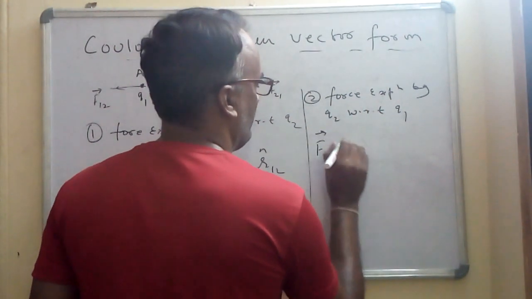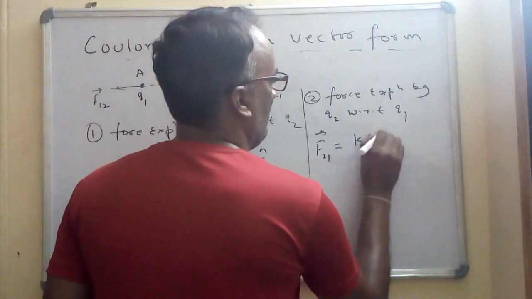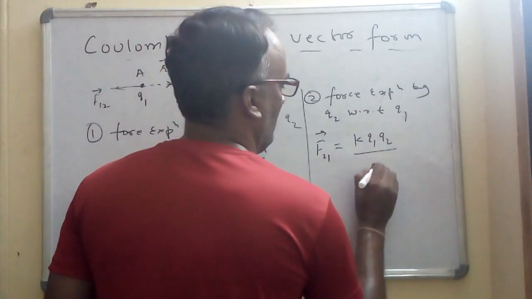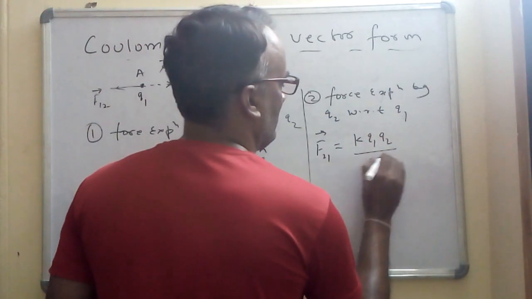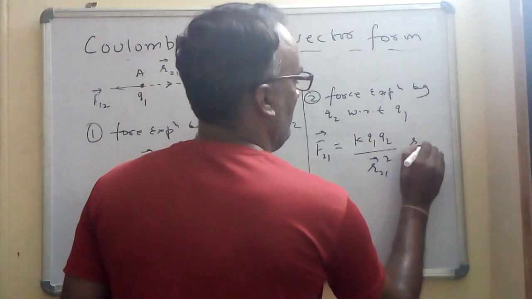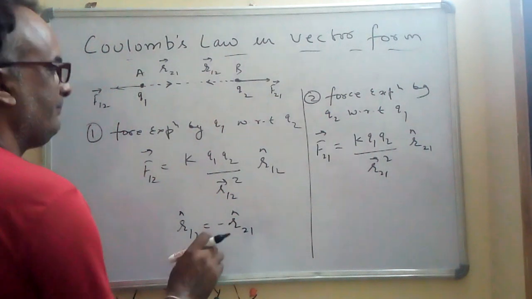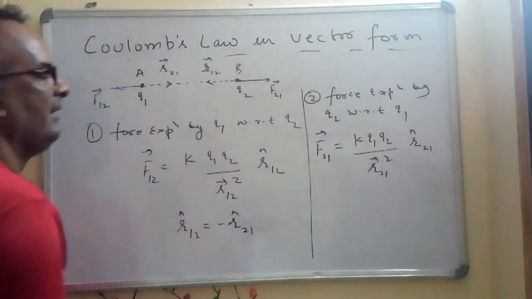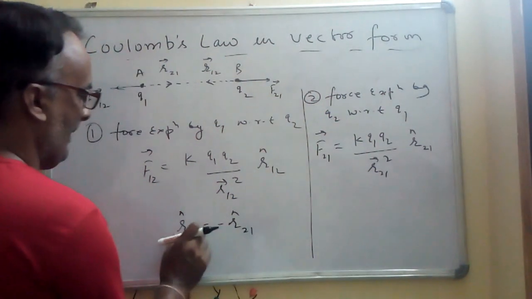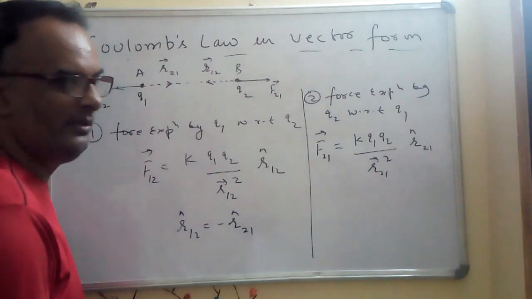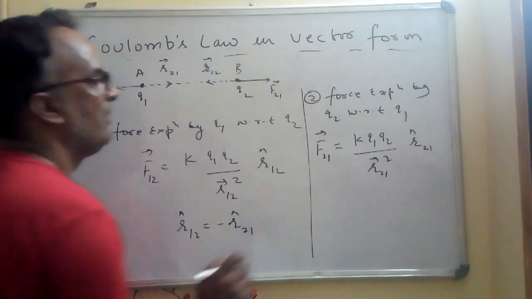F21 equals KQ1Q2 upon R21 whole square, vector, and R21 is the position vector. But you see here we will see that R12 equals what? It is R21, okay, R12 equals R21.